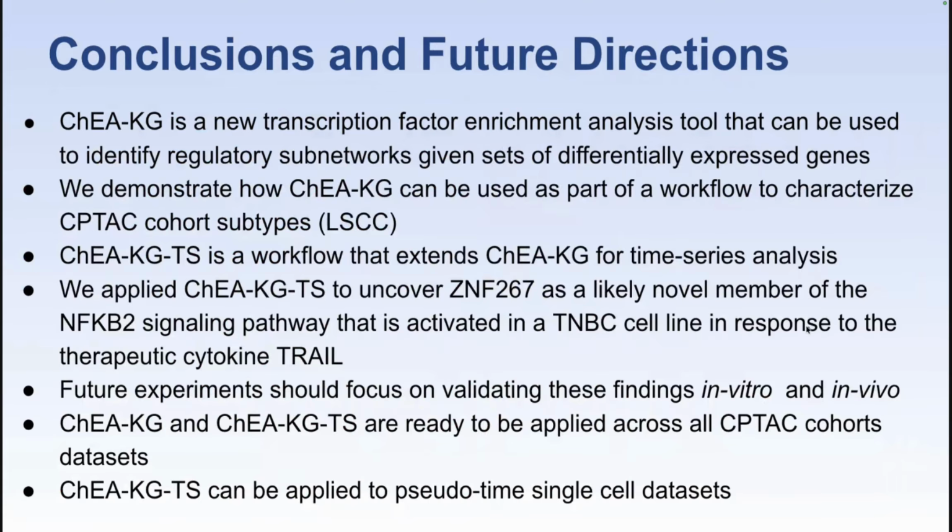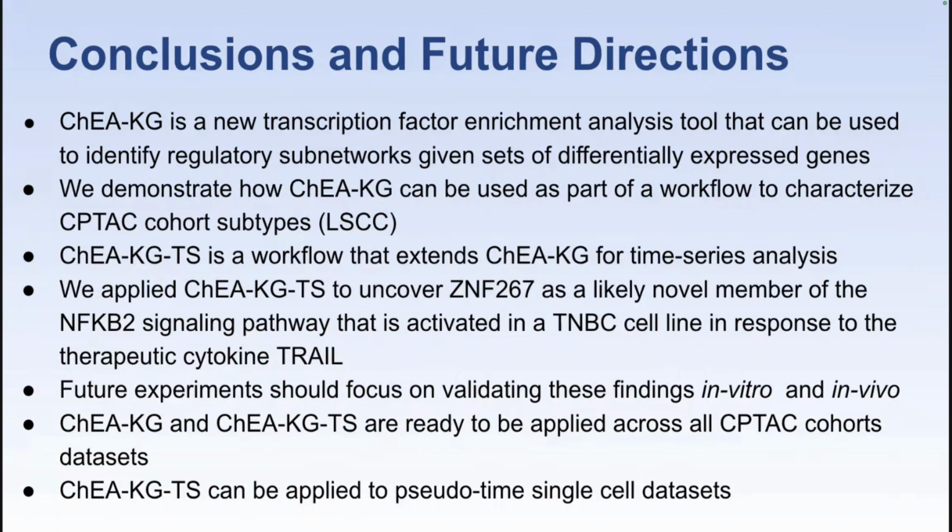So ultimately, ChEA-KG is a new transcription factor enrichment analysis tool, which can be used to identify regulatory subnetworks given sets of differentially expressed genes. We demonstrated how ChEA-KG can be used as part of a workflow to characterize CPTAC cohort subtypes, specifically the lung squamous cell carcinoma cohort.